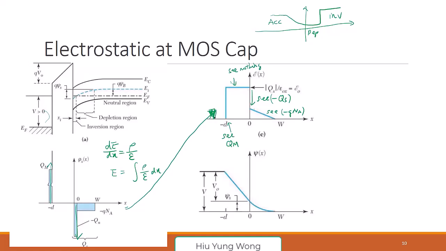Any questions? I will talk about intuition more than equation. At this stage, even if you tell me you forgot this one, it is fine because you only need to remember you integrate the charge to get the electric field. Integrate the charge to get the electric field, memorize it. Or you differentiate the electric field to get the charge.